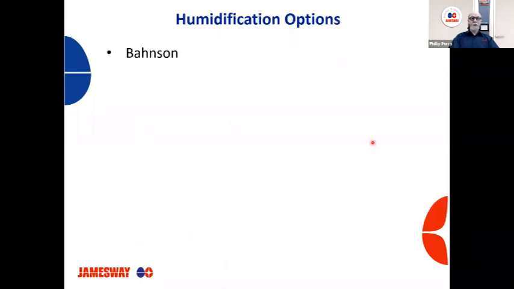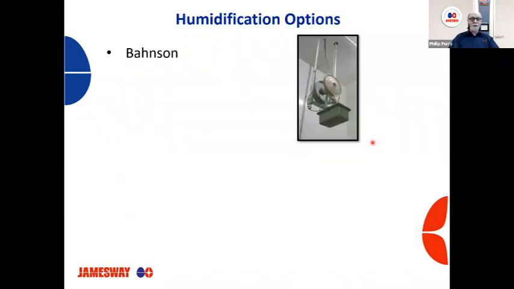Some of the humidification options for the ventilation equipment that we use are the Bonson type humidification system, and also one that Jamesway carries, the high pressure humidification system. These two types are what we mostly see in the field, and they're controlled mainly by an on and off control signal.